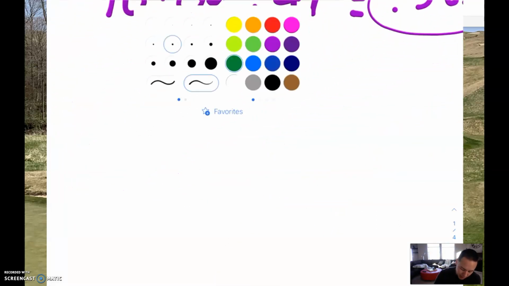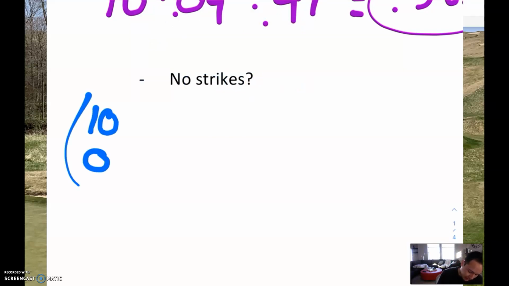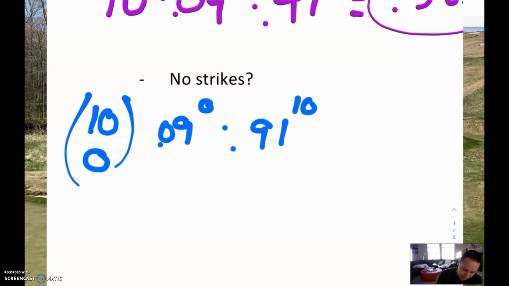And next one, what's the probability that she gets no strikes? This wouldn't be a very fun game. She's going to bowl 10 frames and get no strikes this time, times 0.09 to the 0 power times 0.91 to the 10th power.